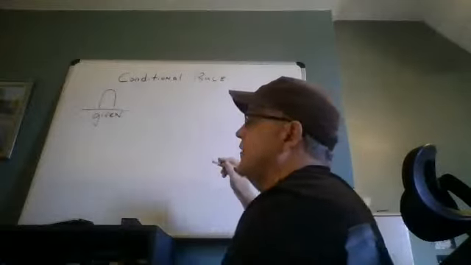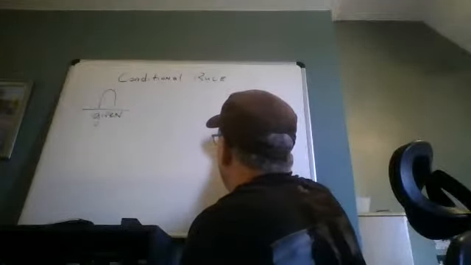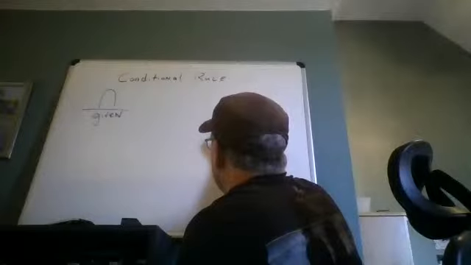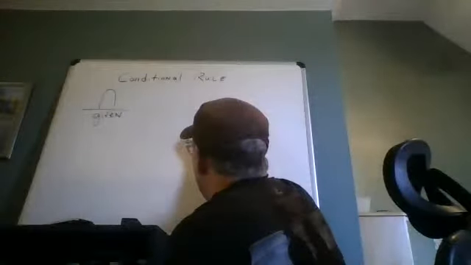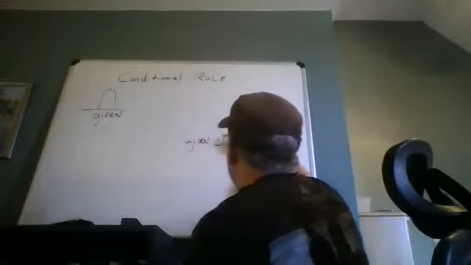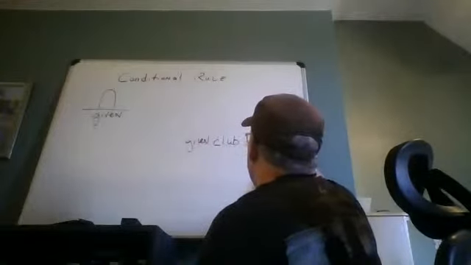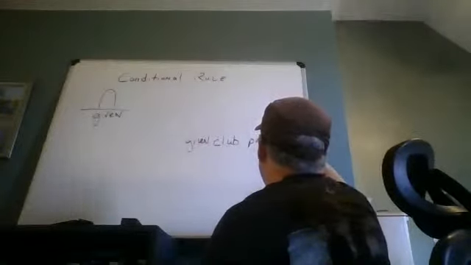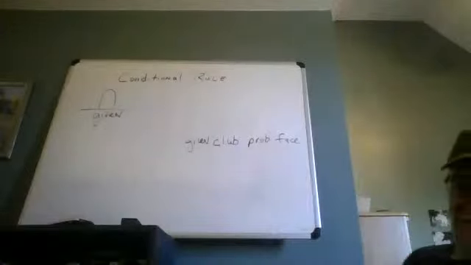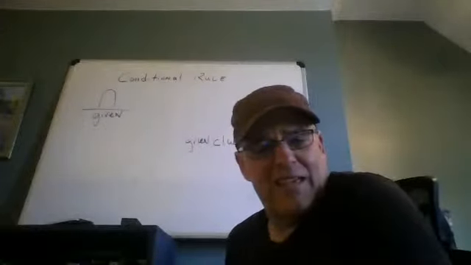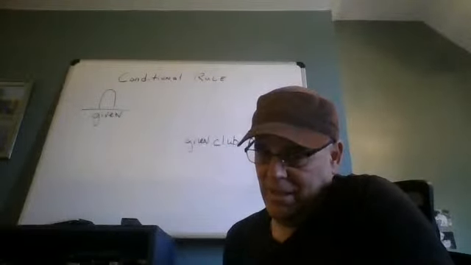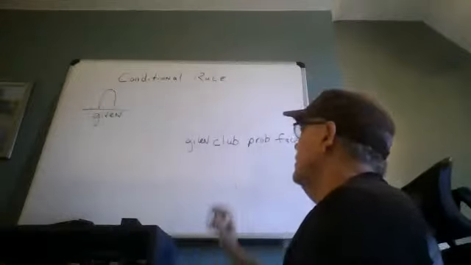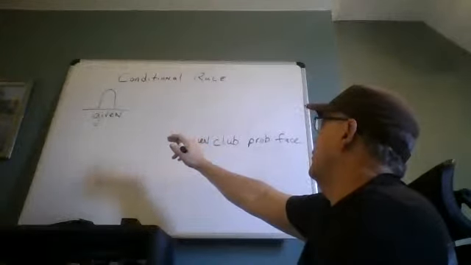Given that it is a club, given club, what is the probability that it is a face card? Okay, this is tricky because you might say you just gave that problem. But no, I worded it differently the other time. Let's use the formula. Stick right with the formula.